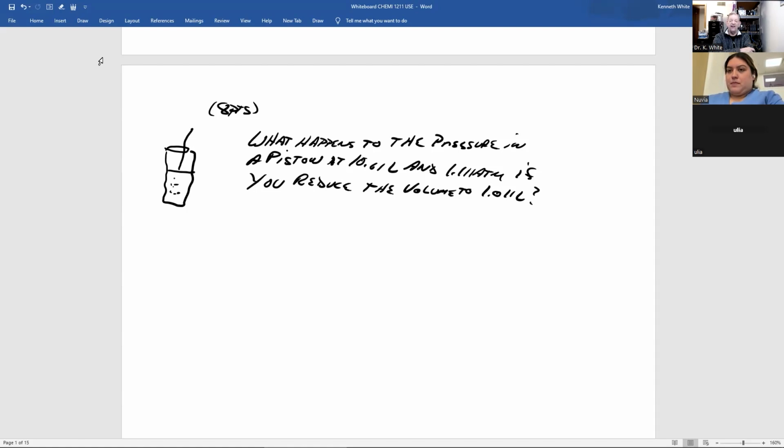You're trying to find the pressure after you change the volume in a piston. In other words, you're pushing this plunger down. So that's the initial pressure? No, that's the final pressure we're trying to find.